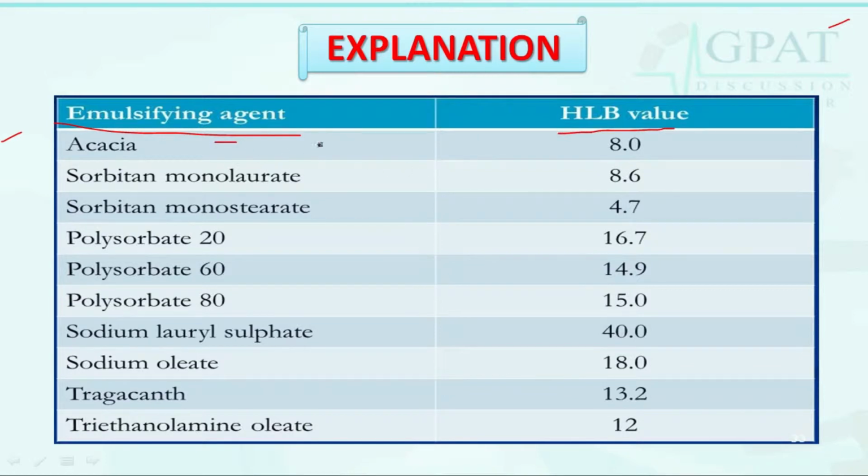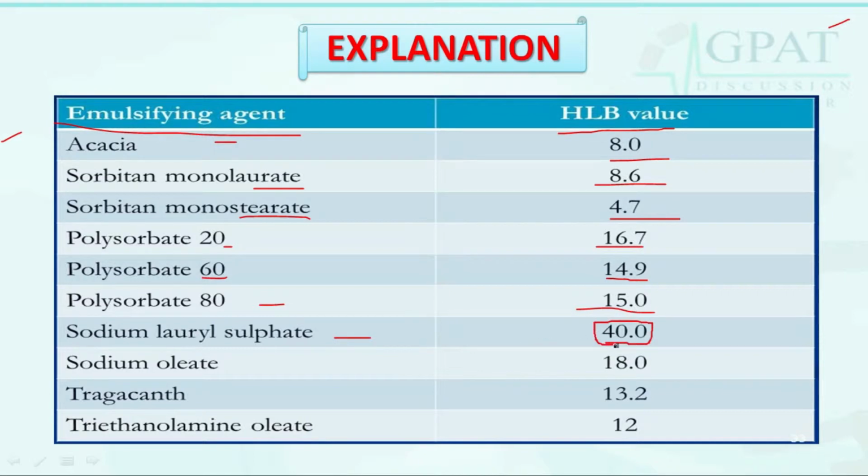For acacia, the HLB value is 8.0, and for sorbitan monolaurate, the HLB value is 8.6, monostearate 4.7, polysorbate 20 having 16.7 HLB value, where polysorbate 60 having 14.9 and polysorbate 80 having 15 HLB value, and sodium lauryl sulfate is having 40, which is asked in the question.